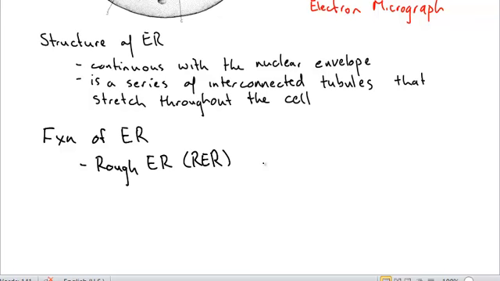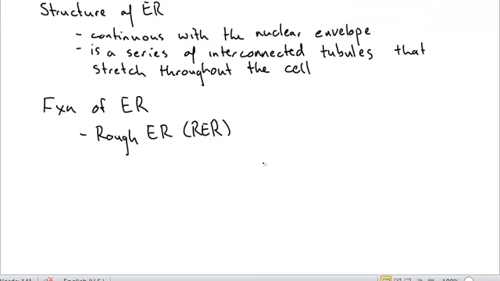And it's called rough because if you actually look at it under the microscope, it looks rough because it is studded with ribosomes.